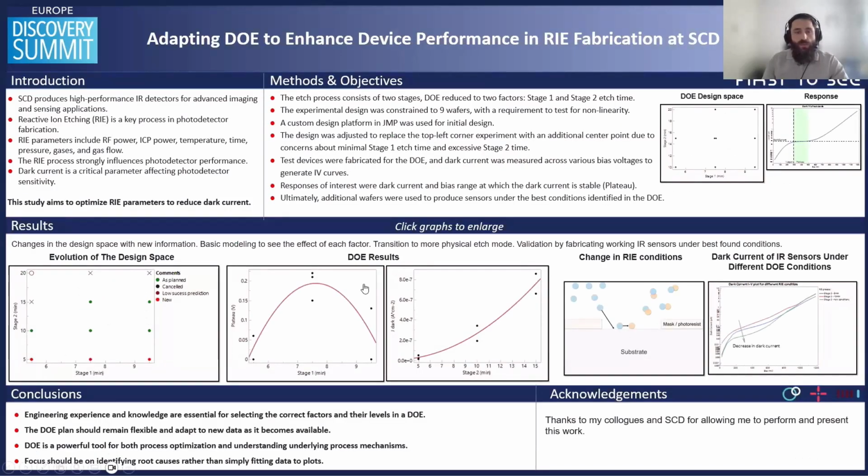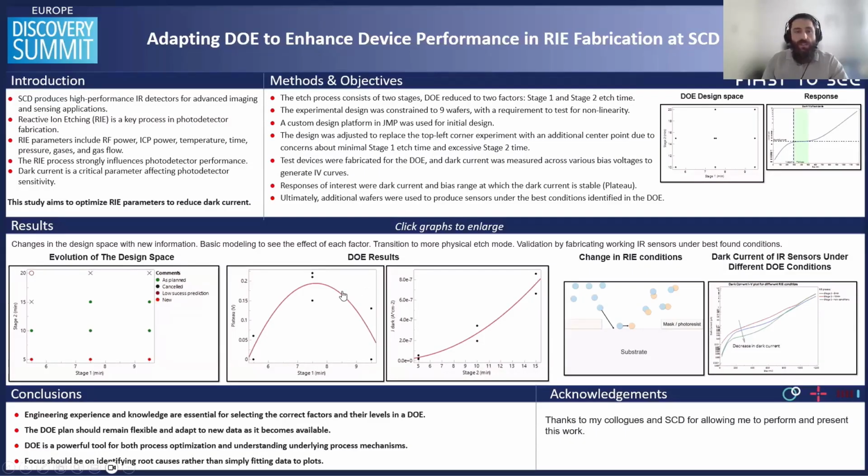So to conclude, we've seen in this work that engineering experience and knowledge are very important to choose the correct factors and their levels for the DOE. We've seen that you should be open-minded and willing to change your plan as new information arrives.